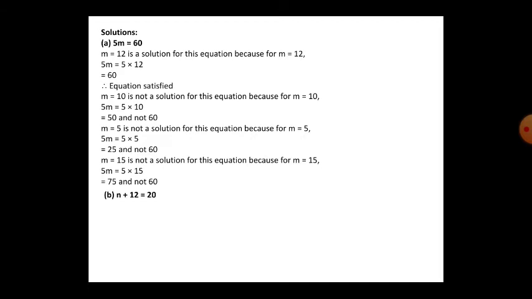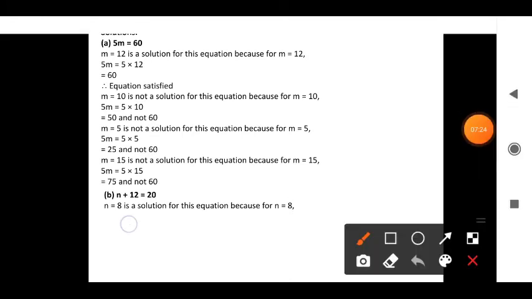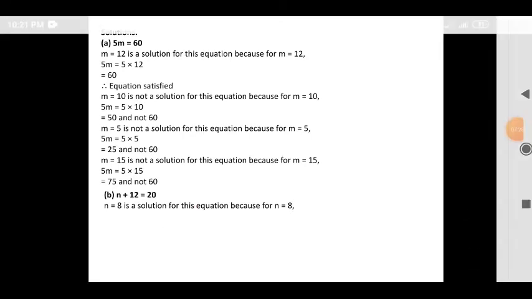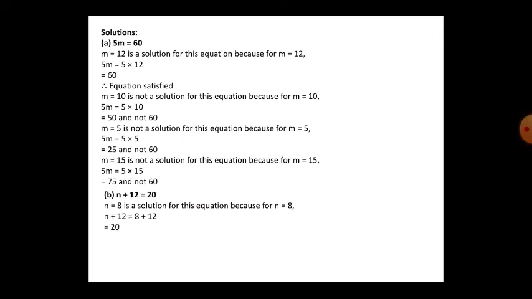So like that, next expression, n plus 12 equals 20. If n equals 8, in that bracket you have to choose one number and apply it here. If you apply n as 8, then 8 plus 12. What is 8 plus 12? 8 plus 12 is 20. So 20, here it satisfies. The equation satisfies.